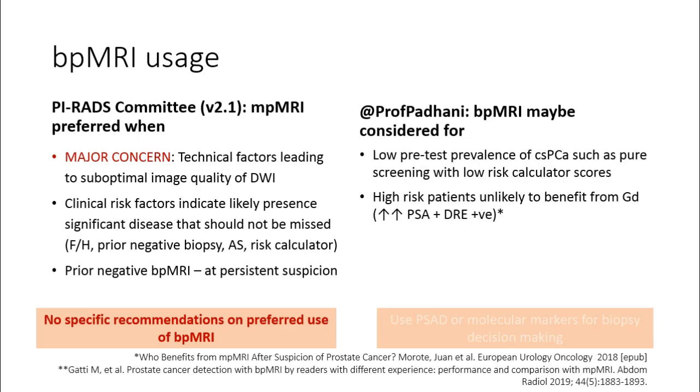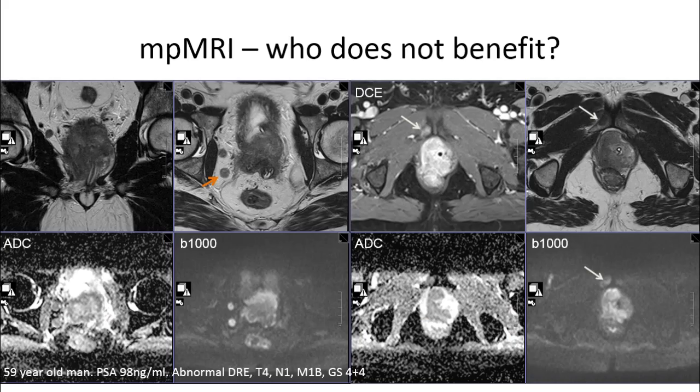My own view is that if you have an extremely low prevalence of clinically significant cancer, such as in the screening setting, then biparametric MRI may be adequate. Similarly, if you are at very high risk, so your PSA is very high and you are DRE positive, then you are unlikely to benefit from the use of contrast medium.